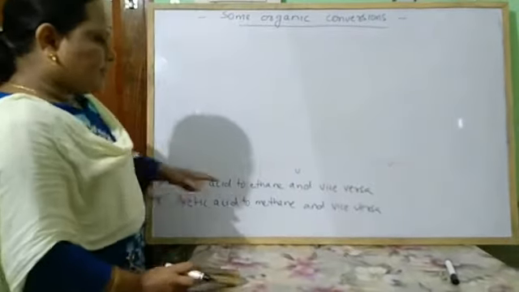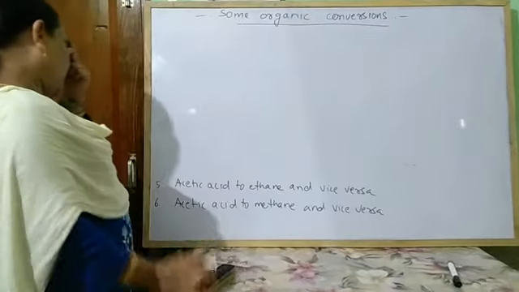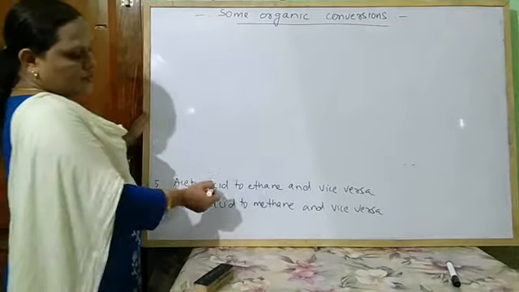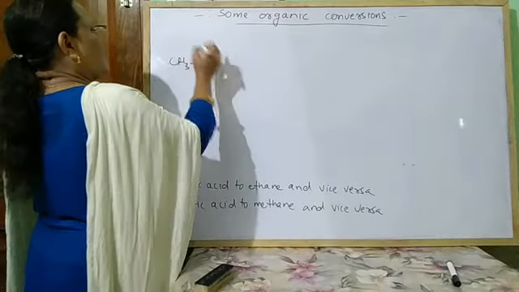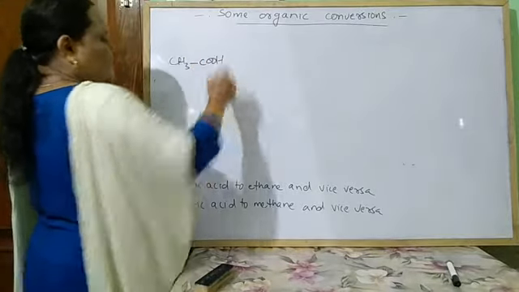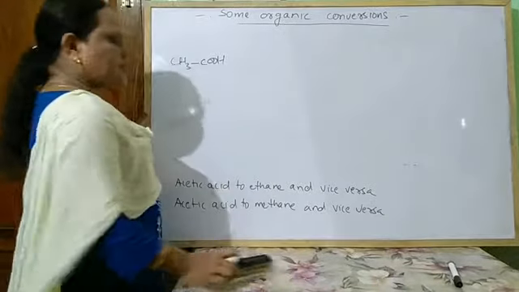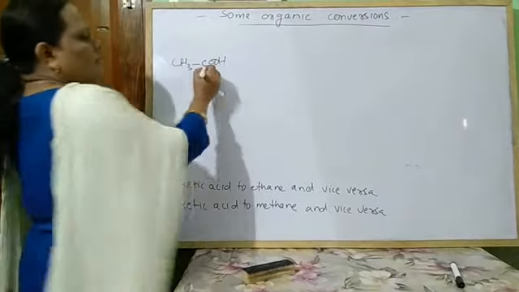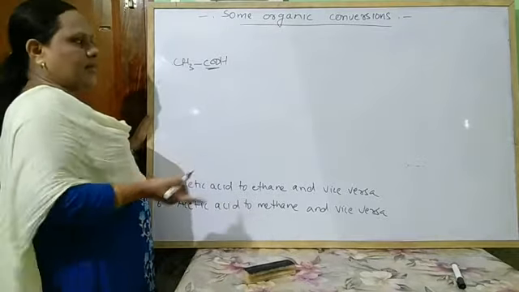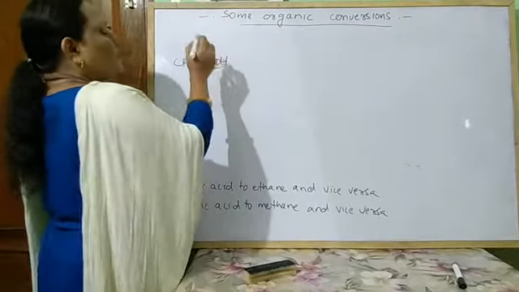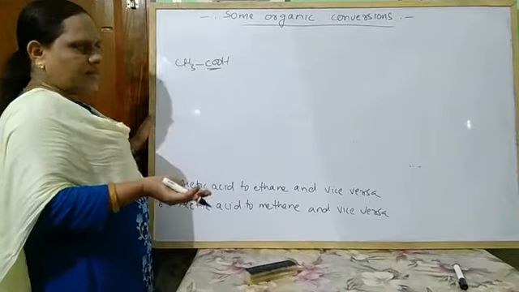That is acetic acid to ethane and vice versa. So here also the same number of carbon atoms, acetic acid 2 carbon and ethane also 2 carbon atoms. So here reduction takes place. This is acetic acid and ethane, you know, CH3CH3 or C2H6. So this group is reduced either to alcohol or to alkyl part. When it is reduced to alcohol part, generally we use lithium aluminum hydride.